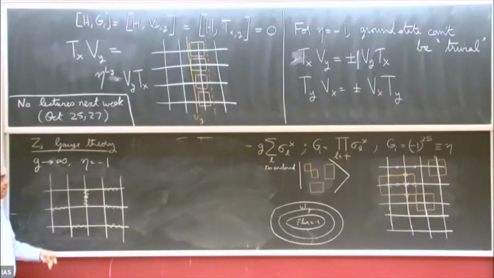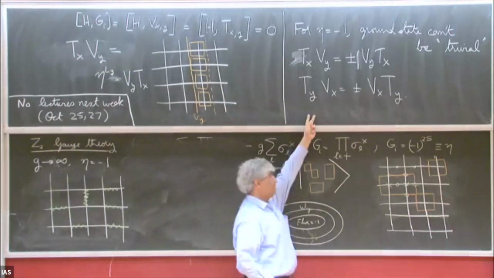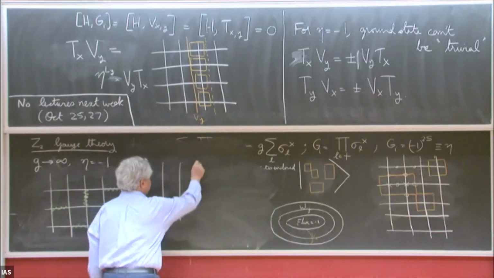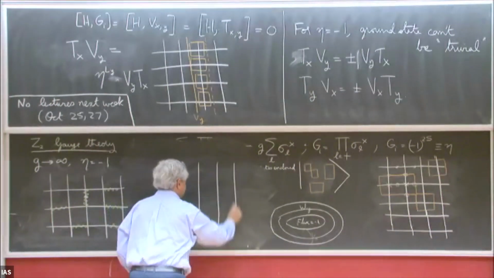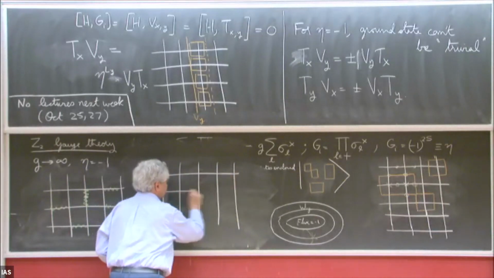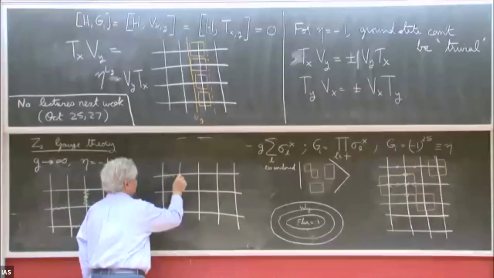It's not a liquid, as it was at small g, but a non-trivial state, which will realize this algebra. So the dimers crystallize into some pattern, for example, this one.